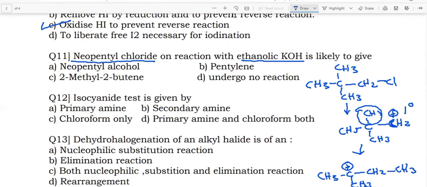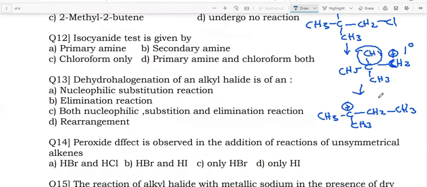The next stage is loss of H plus. We'll get H plus from this carbon. So I'll get the alkene in which the double bonded carbons are attached to more number of alkyl groups. Which alkene will we get here?